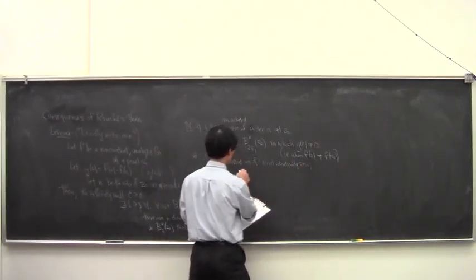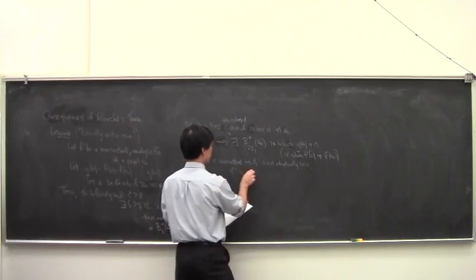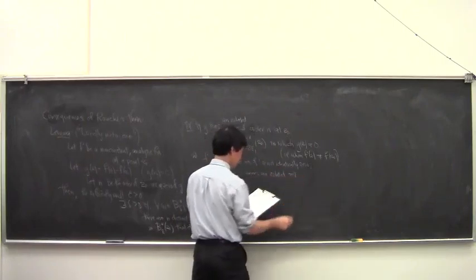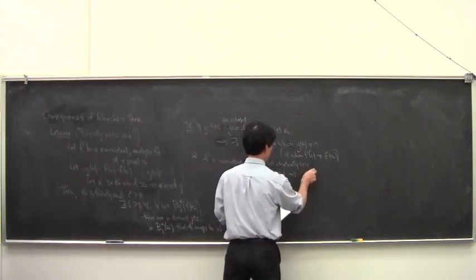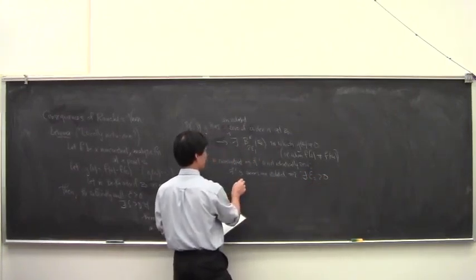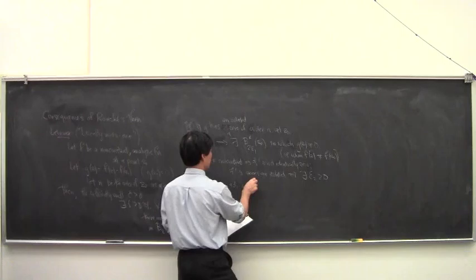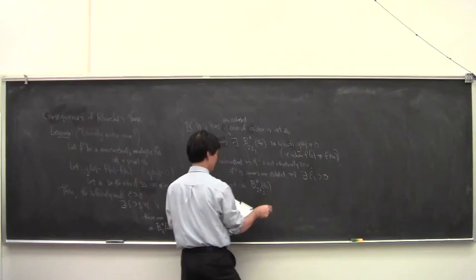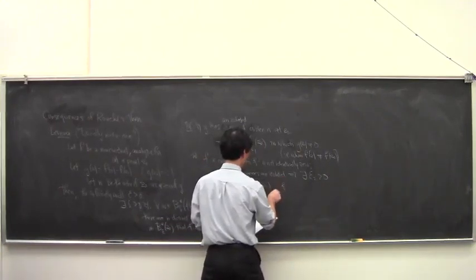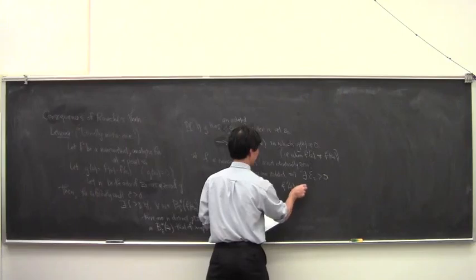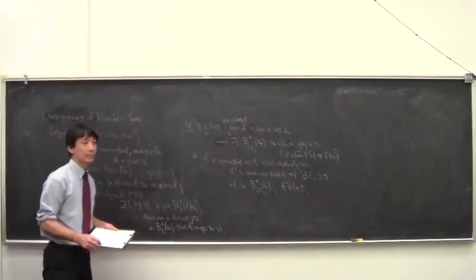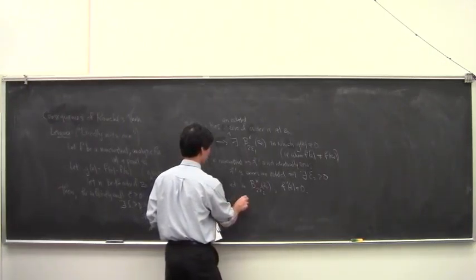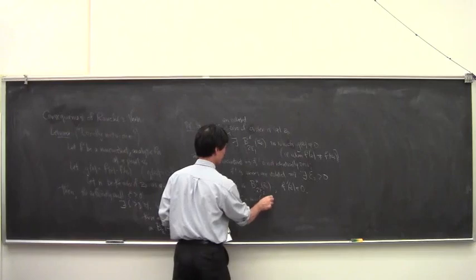Again, f prime's zeros are isolated, so there exists an epsilon 2 such that in the punctured twice-epsilon-2 ball, f prime of z is non-zero. Okay. So now let epsilon be the minimum of epsilon 1 and epsilon 2.